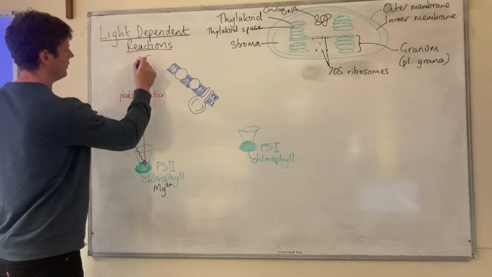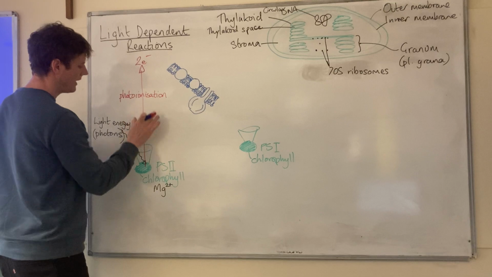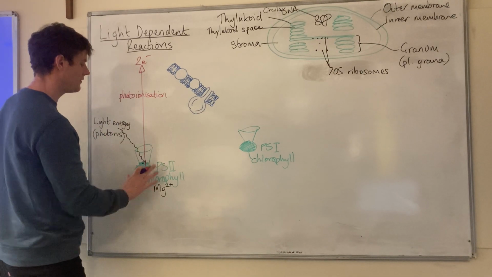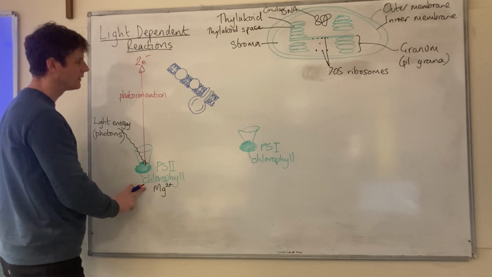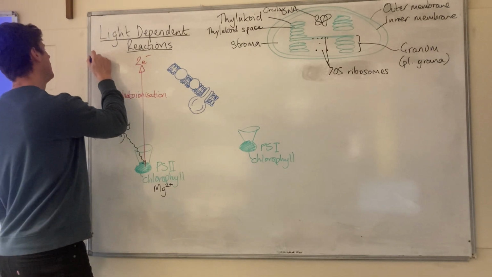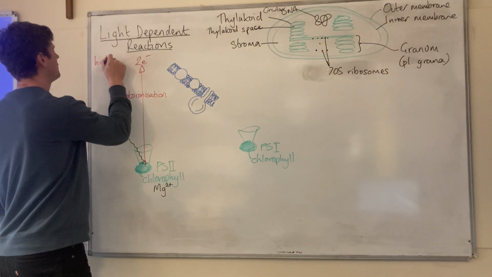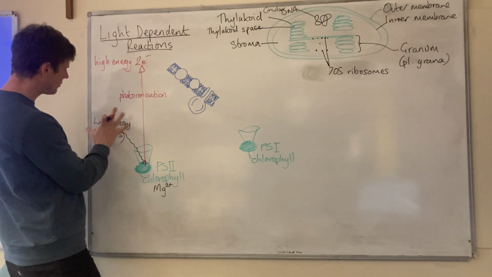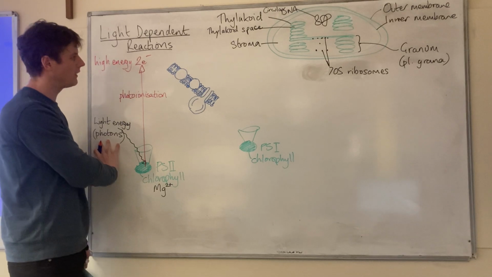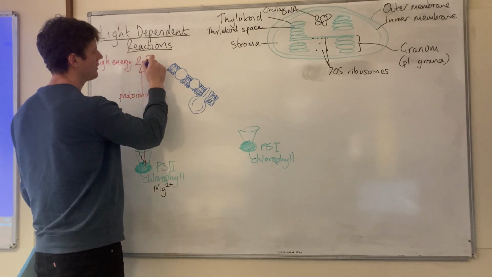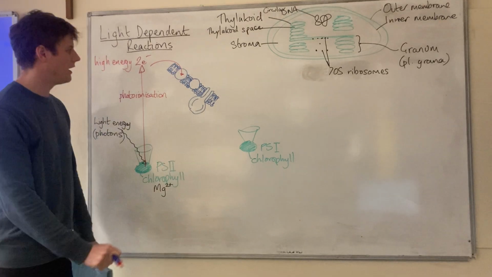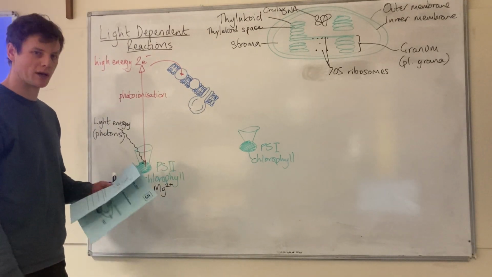So these electrons that have been ionized, that have escaped the chlorophyll, we can sometimes refer to them as high energy electrons. They've gained all of that energy from the light. Now they get passed on to a series of carriers in the membrane.